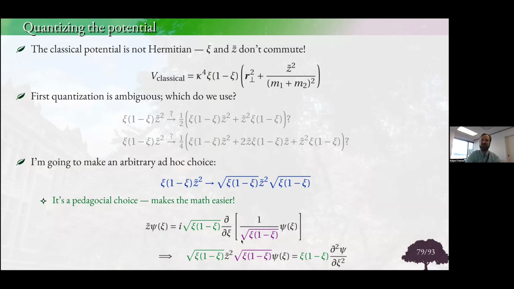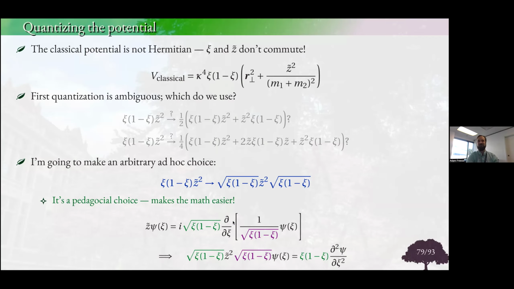The Miller-Brodsky variable in terms of the momentum fraction is this fairly complicated looking form with a 1 over square root of xi times 1 minus xi inside the derivative. So if we have this act on something that has a factor of square root of xi times 1 minus xi, these things cancel out. So we have a much simpler derivative.